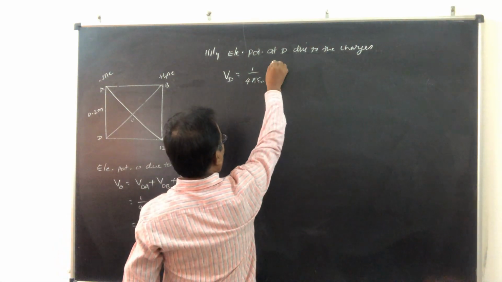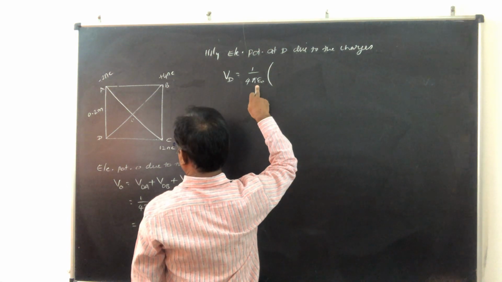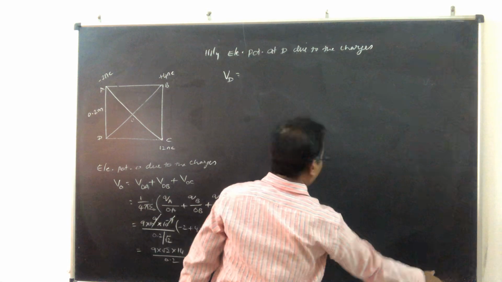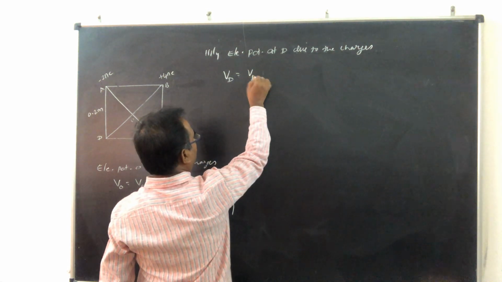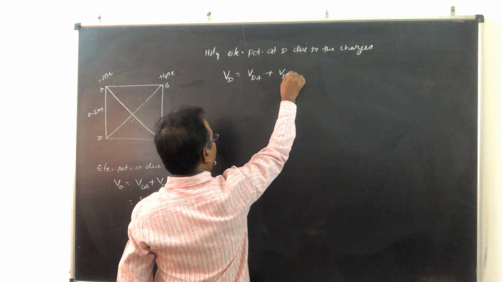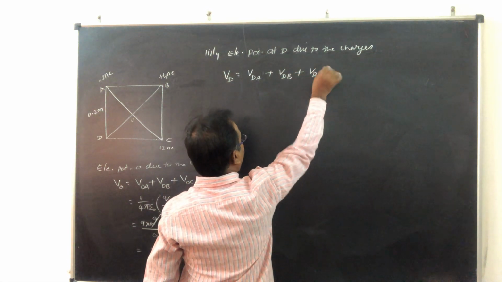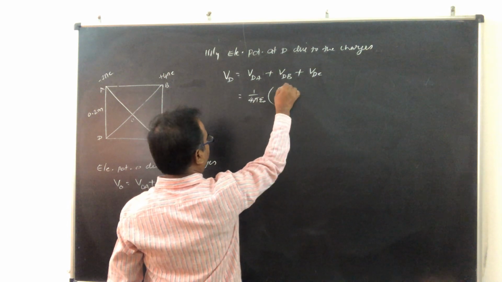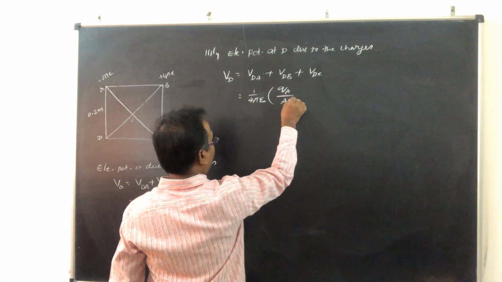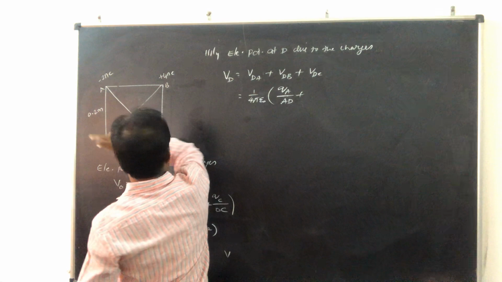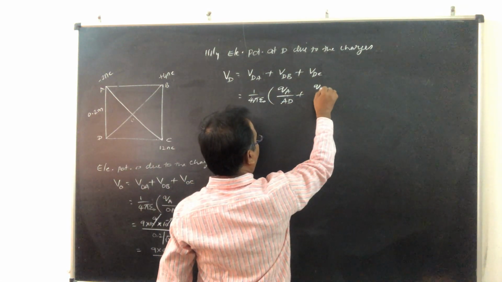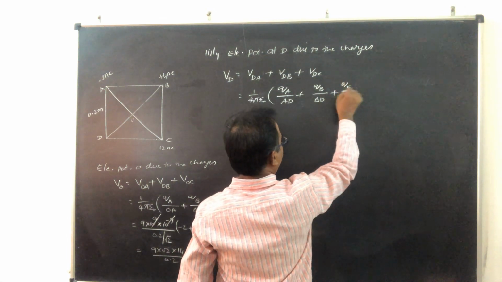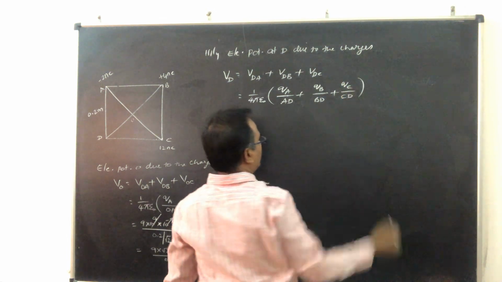So 1 by 4 pi epsilon naught is common. Else you write one more step here. Vd is equal to Vda plus Vdb plus Vdc: Qa divided by this distance, Qb divided by Bd, Qc divided by Cd.